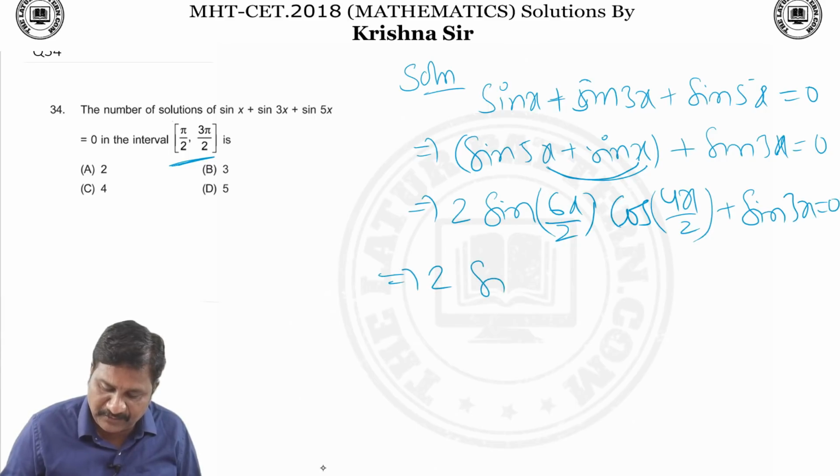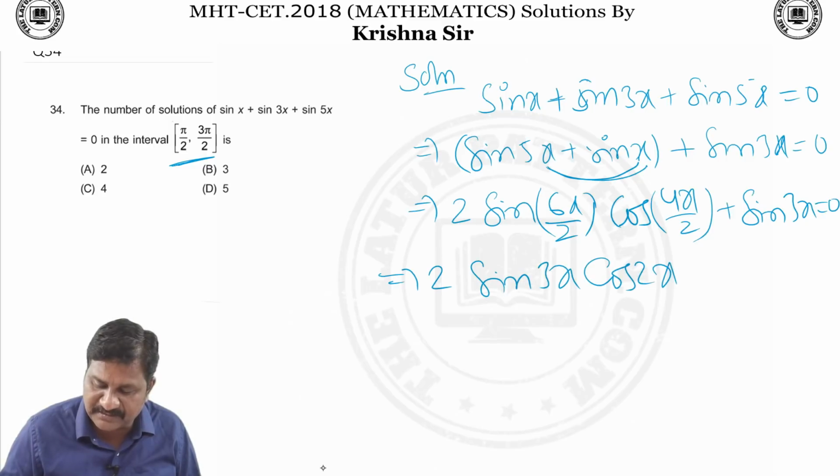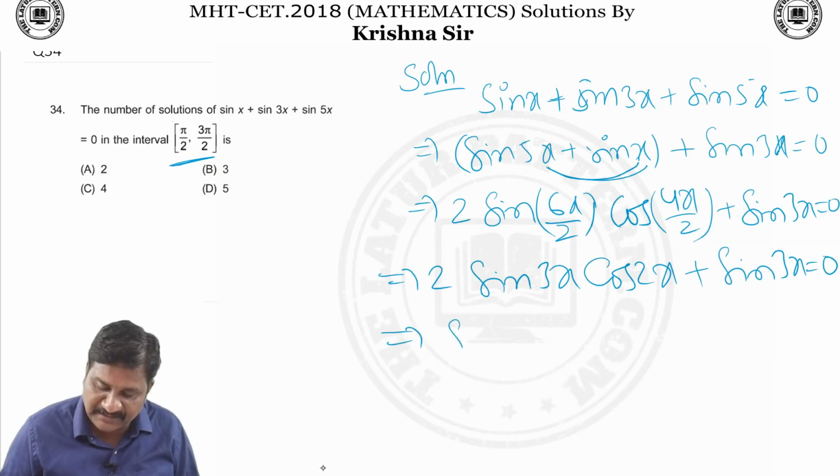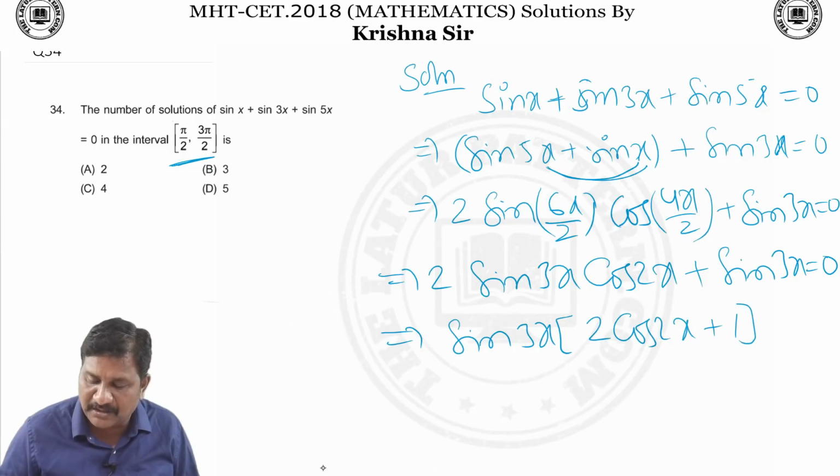Now 2 into sin 3x into cos 2x plus sin 3x is equal to 0. Now sin 3x is common in both. Then the remaining is 2 cos 2x plus 1 is equal to 0.